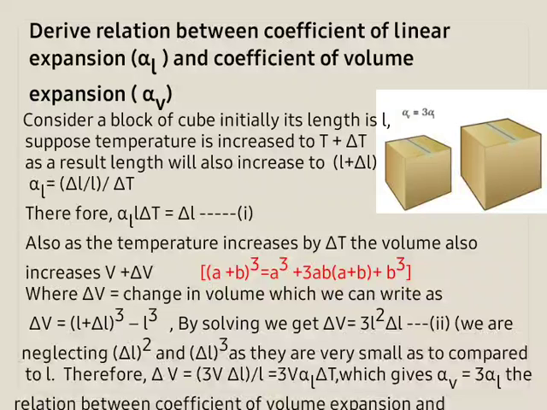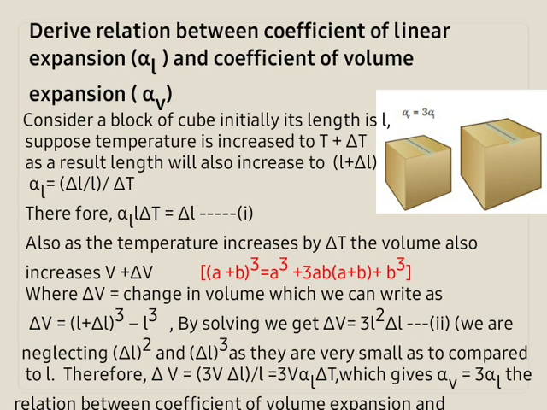Let us see how to derive a relation between the coefficient of linear expansion alpha L and the coefficient of volume expansion alpha V. For this, we have to consider a block of cube.